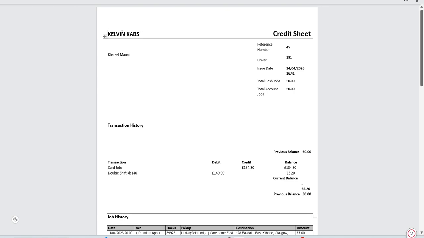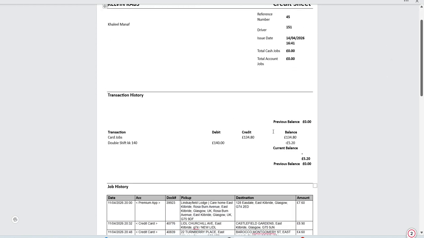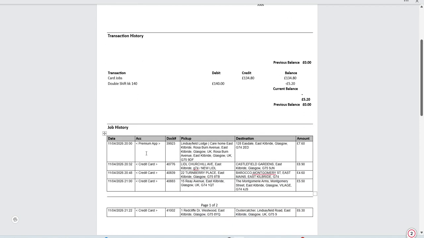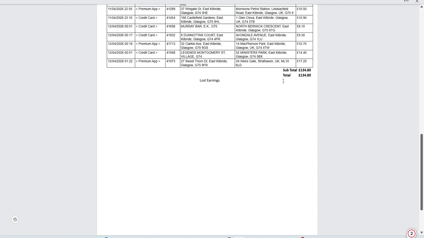So I need to transfer my weekly earnings like this sheet 45, my profit and loss here, then the date, account, docket, pickup, drop off and amount, and my subtotal.